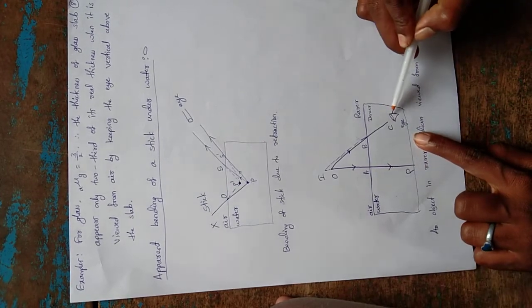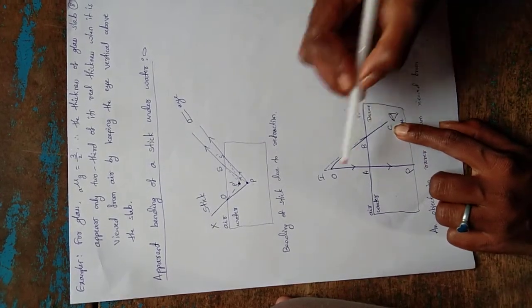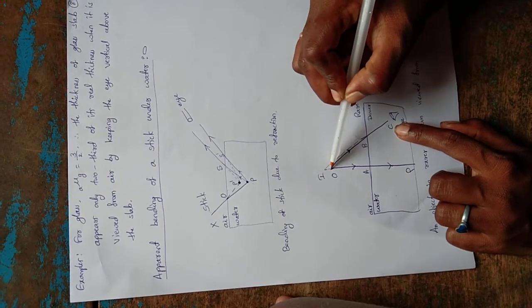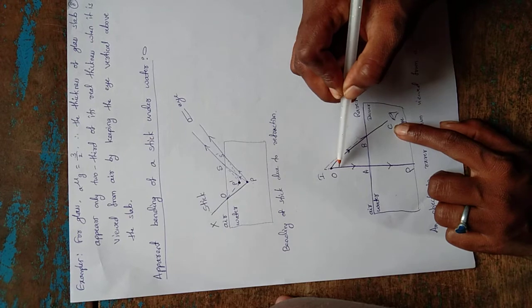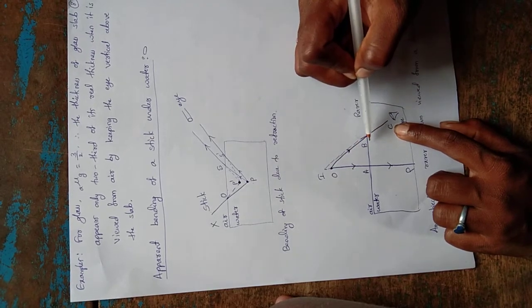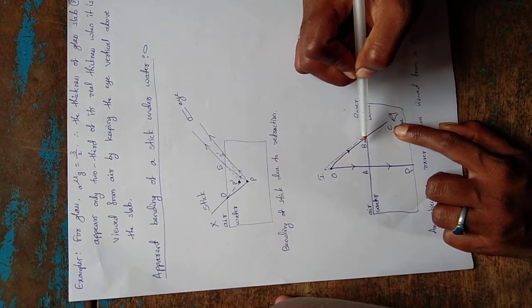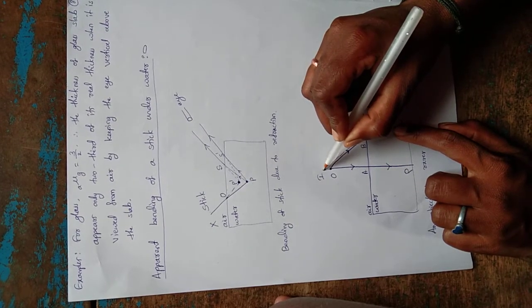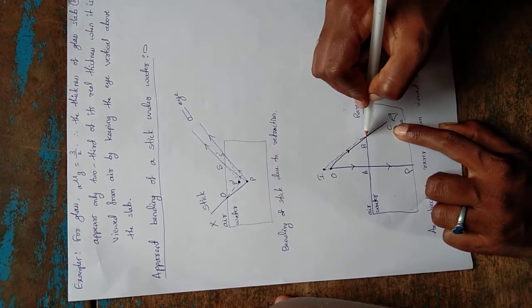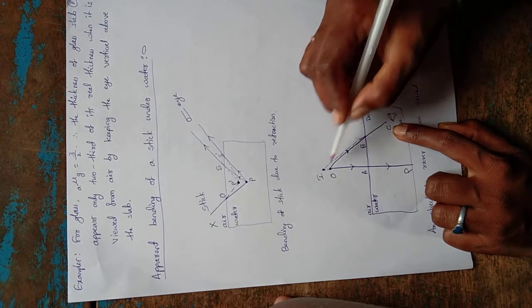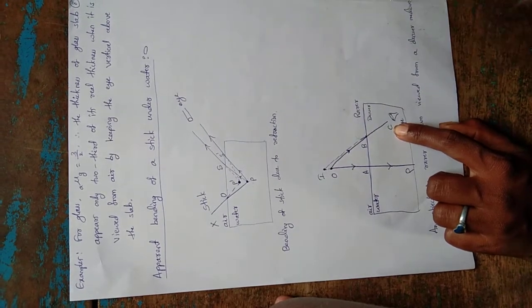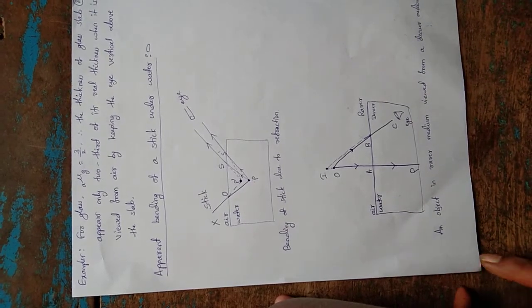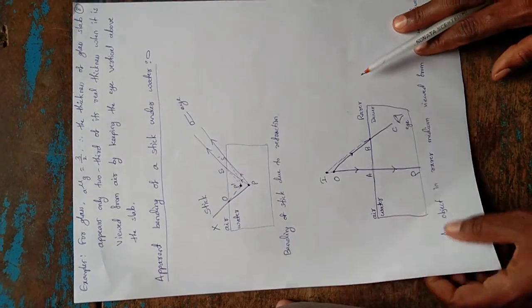If you view it from this point C, it appears at the O point. It looks like the real stick, but the apparent depth is IB. Okay, an object in a rarer medium viewed from a denser medium. This is the difference.